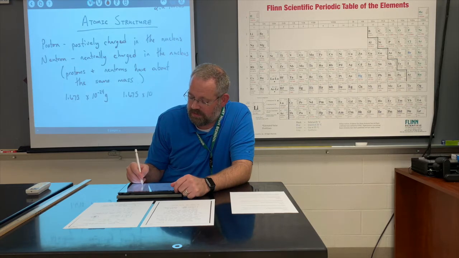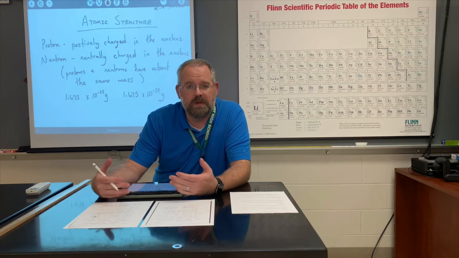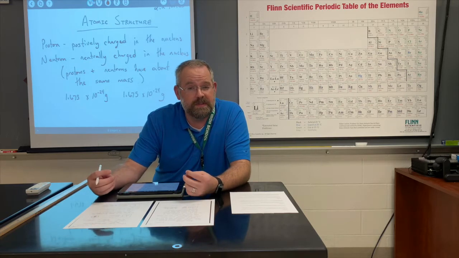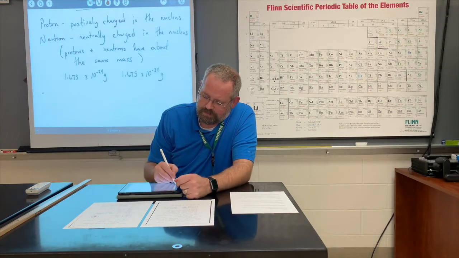Protons are 1.673 times 10 to the negative 24th grams, while neutrons are 1.675 times 10 to the negative 24th grams. And these are measurable amounts. This is not something I expect you to remember or memorize, but you do need to understand they're about the same size. Okay. The third particle is the electron.